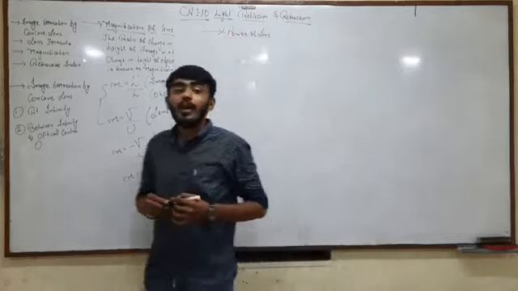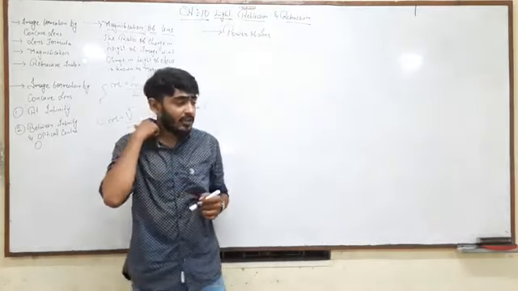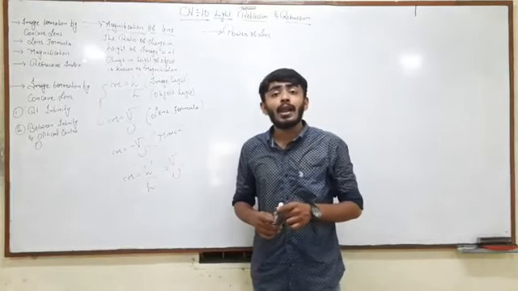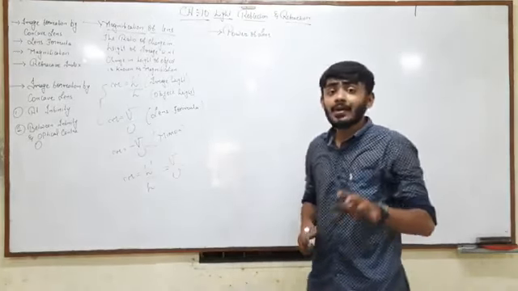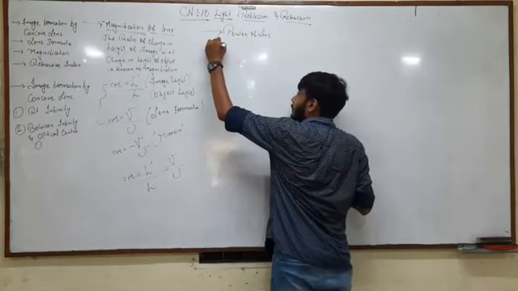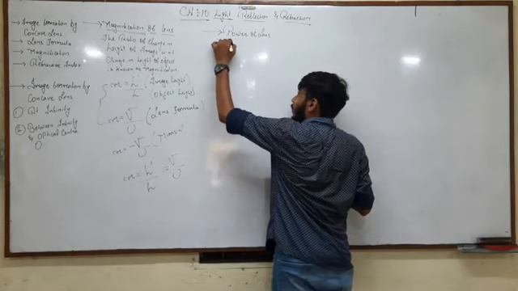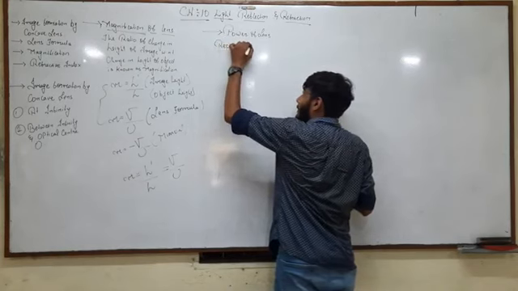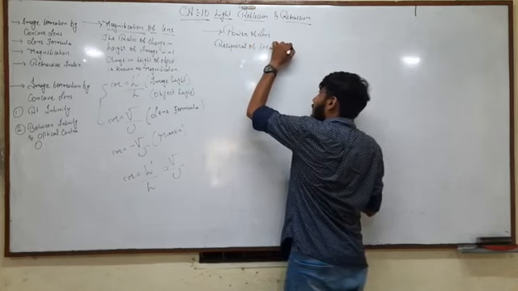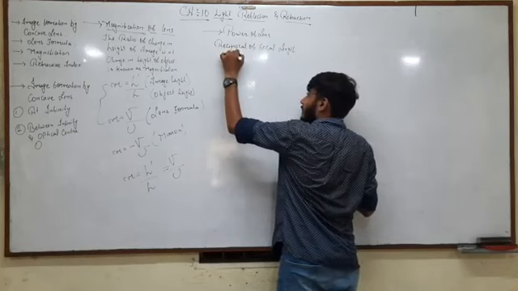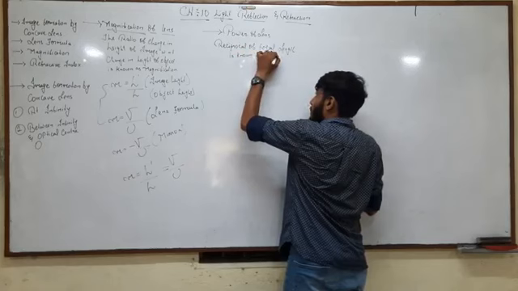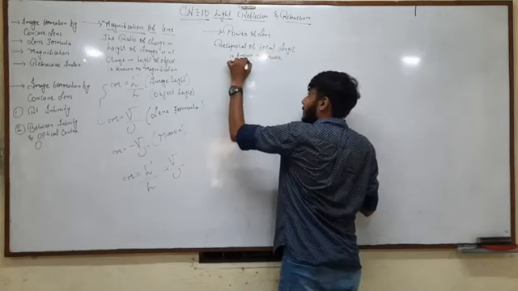Now, the general definition for the power of lens is: the reciprocal of focal length is known as power of lens.